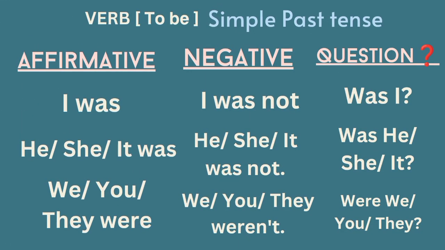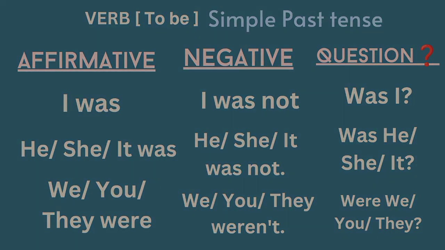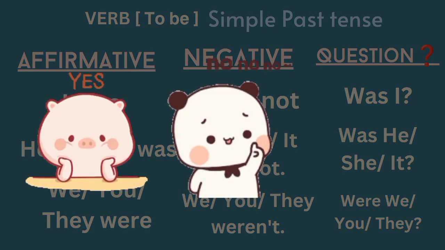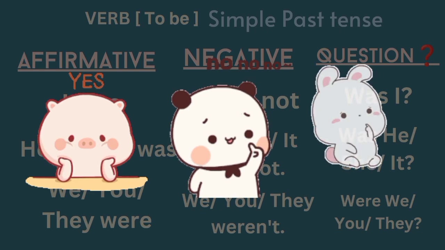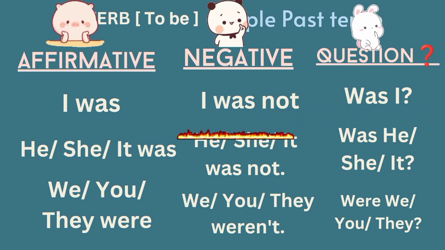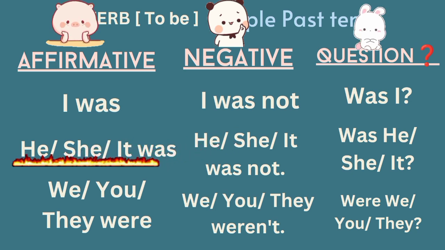Just like the simple present tense, the simple past tense can also be spoken in the affirmative, in the negative, and in the question form. Affirmative I was changes to I was not in the negative. Was I when you are asking a question. He, she, it was.